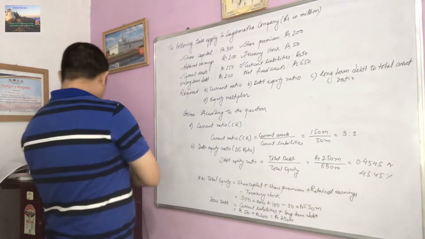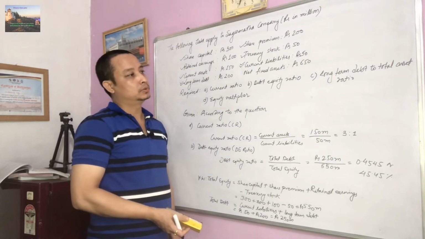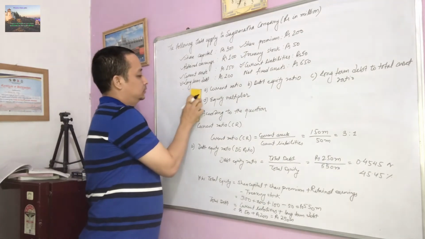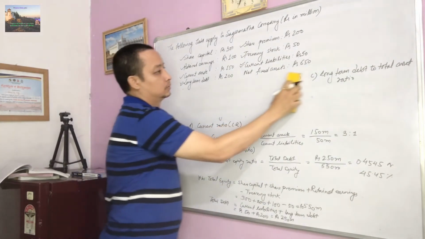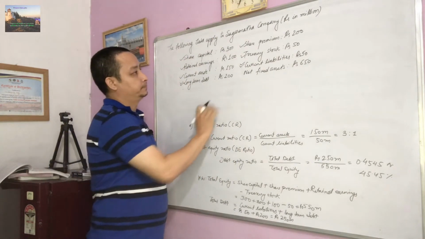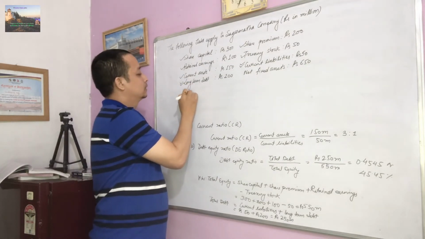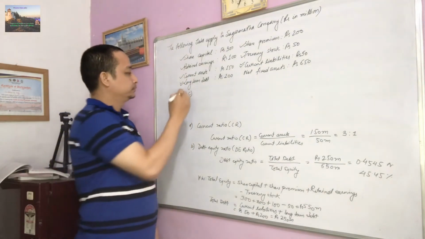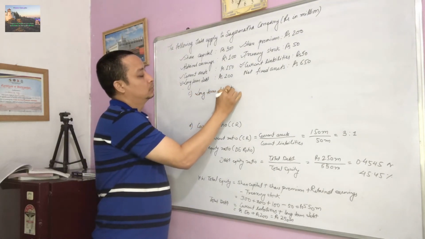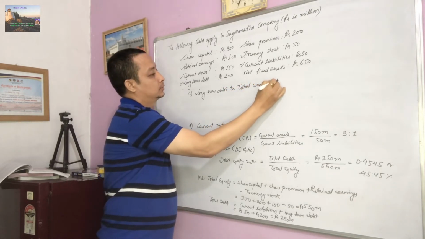Now after finding debt equity ratio, you have to find long-term debt to total asset ratio. So here in C you have to find long-term debt to total assets ratio.